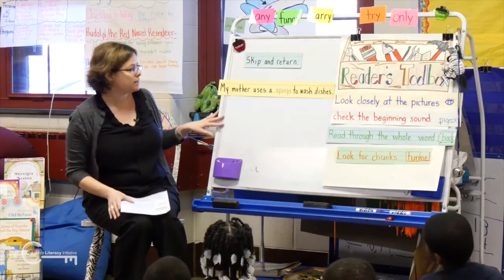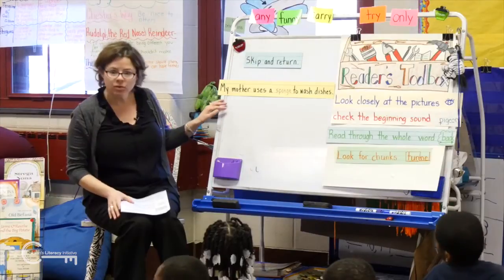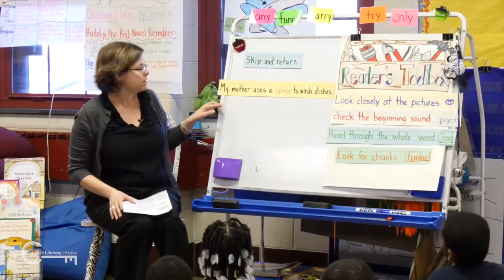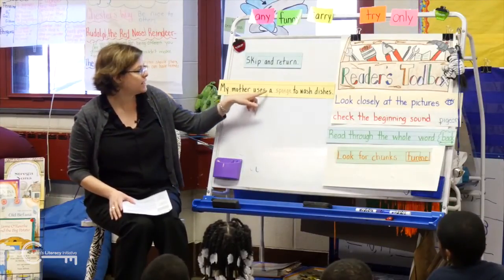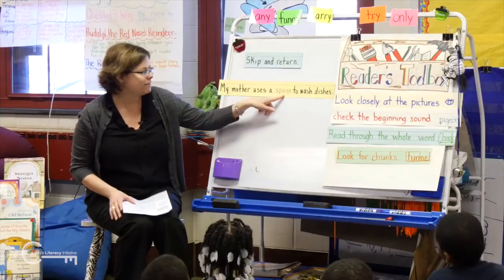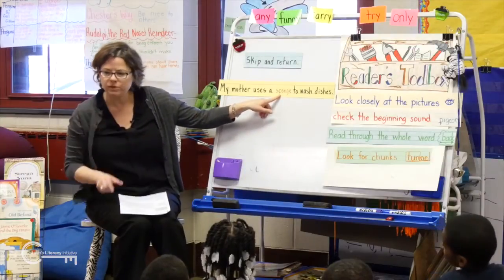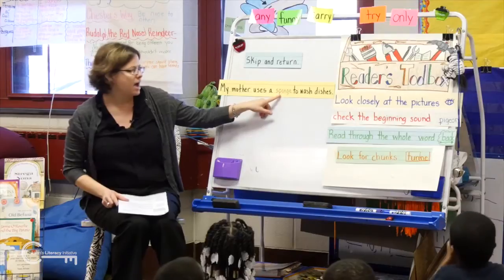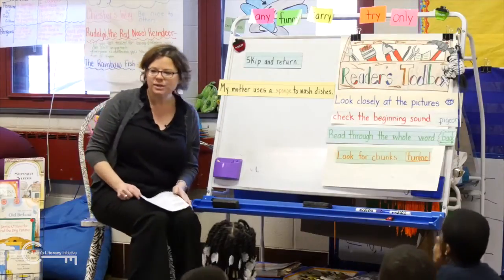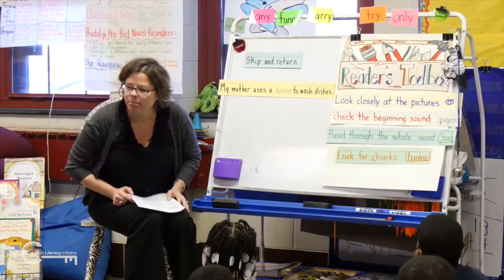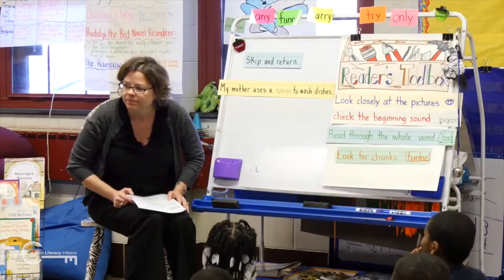I was reading this story, and some of the words I knew right away. My mother uses a, and then I came to this word, and I wrote it in purple so it would stand out for you. I came across this word, and it was the first time that I've seen that in a book and tried to read it.